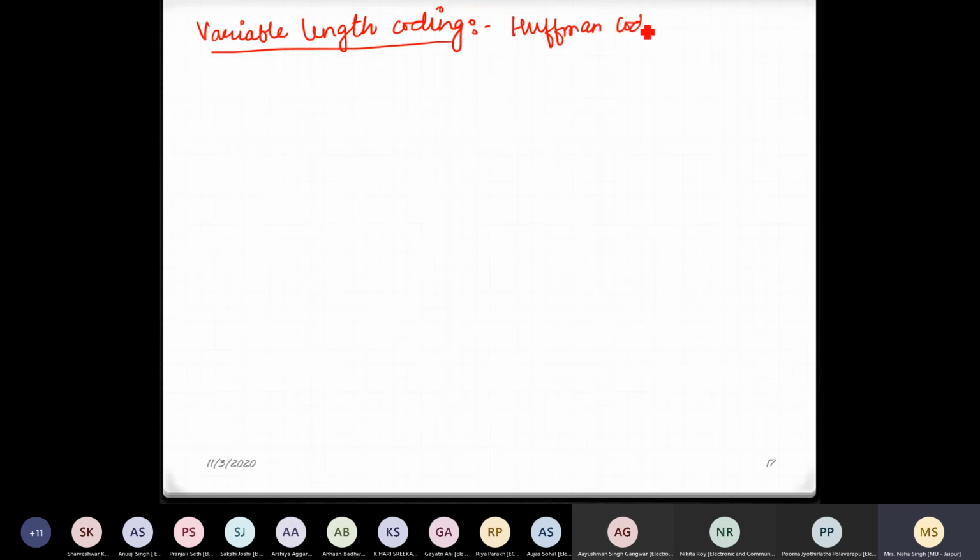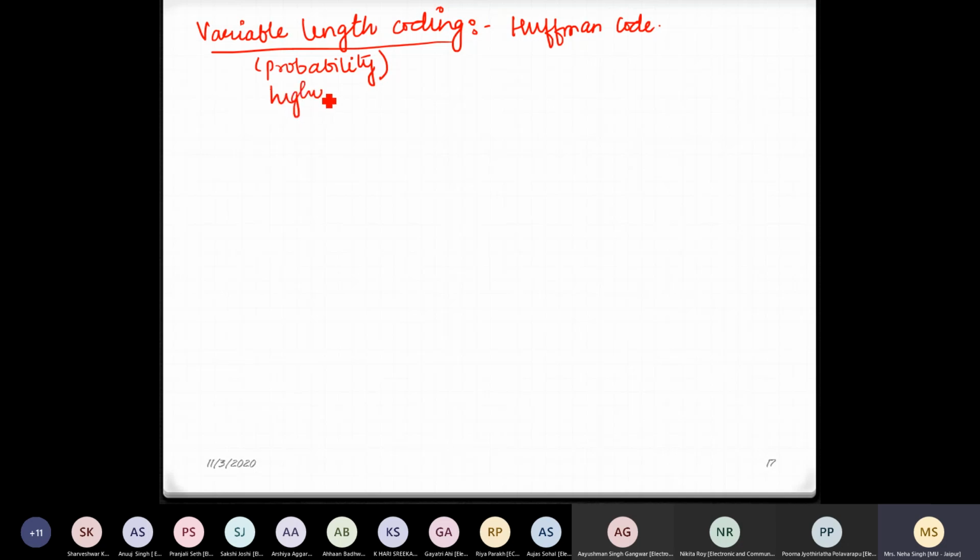The first class of algorithm that we are going to see is variable length coding. The first variable length coding is the Huffman code. When I say variable length coding, these codes work on the basis of probability of occurrence of a symbol.